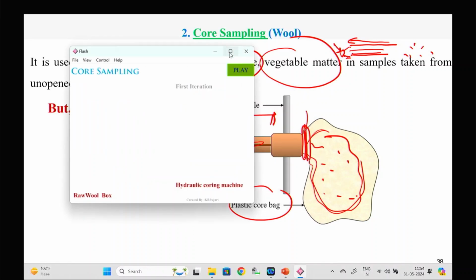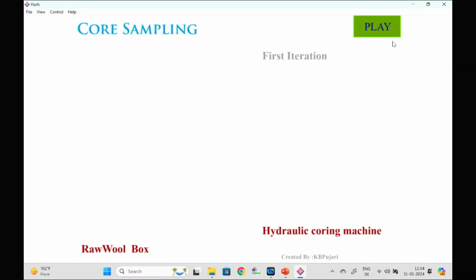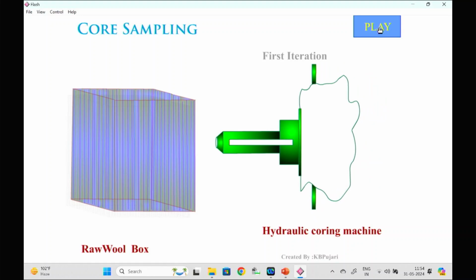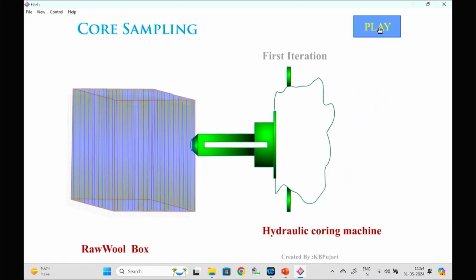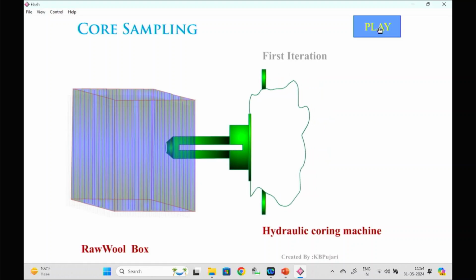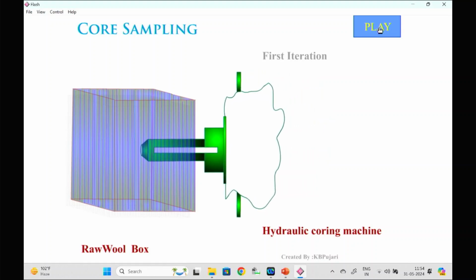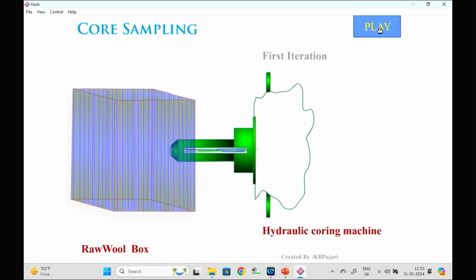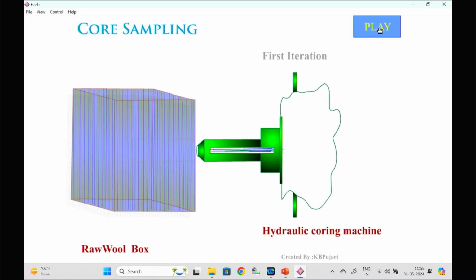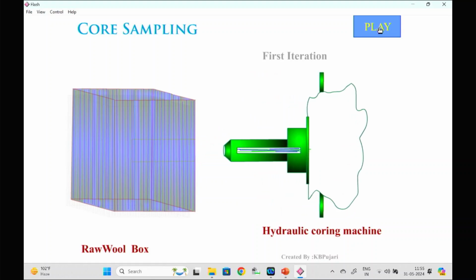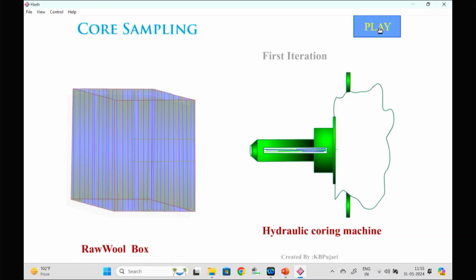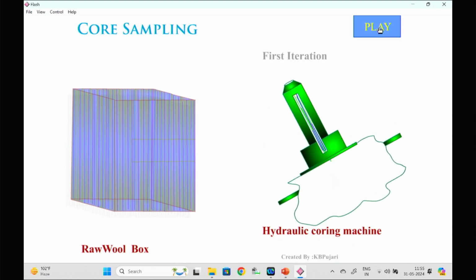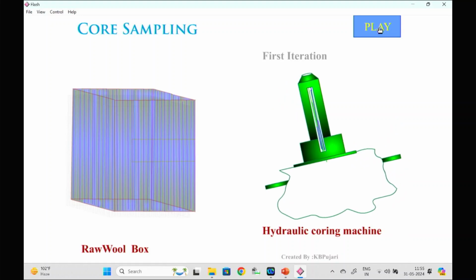Now try to see the animation here. Core sampling. The raw wool bale is there, and it is a hydraulic coring machine. It is not manual. It is hydraulically pressed inside, the fibers are cut and penetrate, and it is tilted 90 degrees so that the fibers come inside the plastic bag.